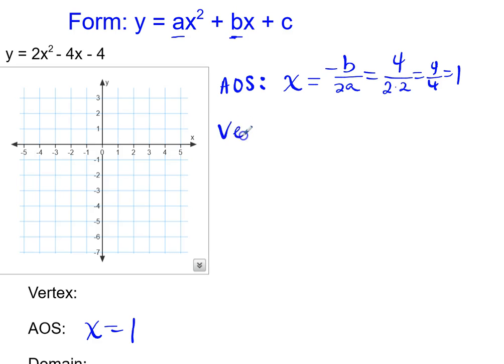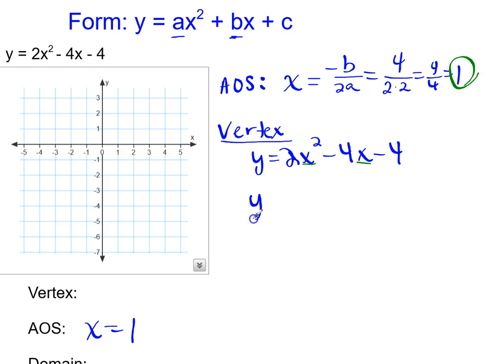Now to find the vertex, once we have the axis of symmetry, we can plug the x into our original equation. We had 2x squared minus 4x minus 4. And so in place of x here and here, we're going to substitute the 1 that we got. So y equals 2 times 1 squared minus 4 times 1 minus 4.